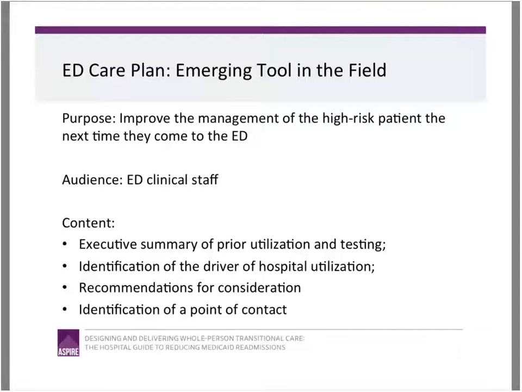And importantly, it would identify a point of contact, not just that the patient is enrolled in a program, but who to call, what the email is, what the phone number is, to make it easy and quick for the treating clinician in the emergency department to reach out to your team to say, I've got a person with one of your care plans here, here's what they look like, let's talk about next steps.